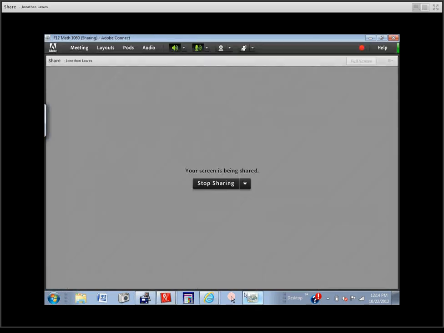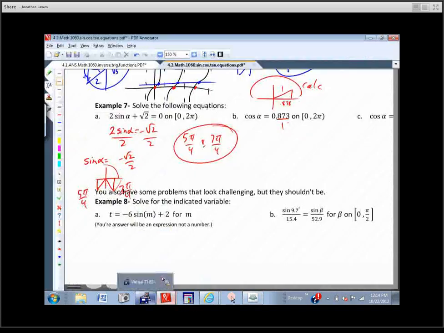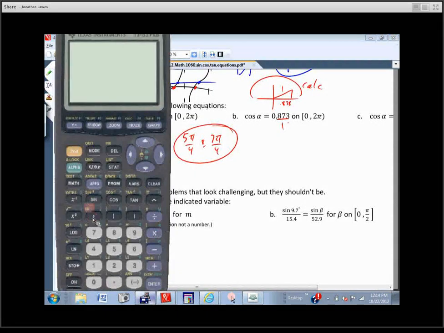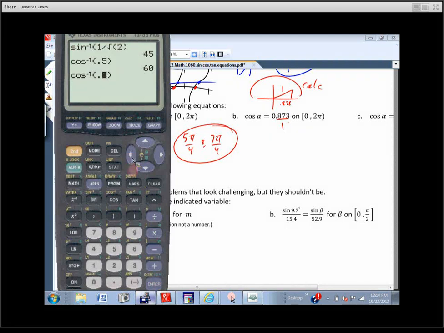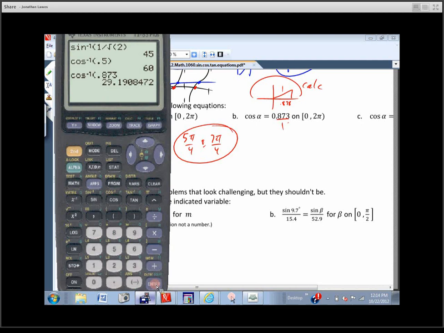So let's go ahead and grab the calculator. And let's do, I'll just recall that. And it is 0.873. Is that right? See some shaking heads. Anybody want to say no? What's wrong? It's in degrees. So I come back here, change the mode.